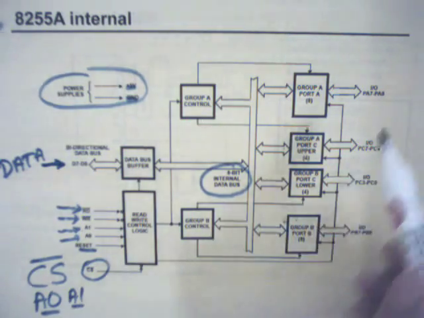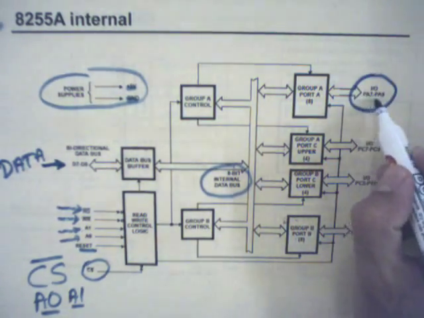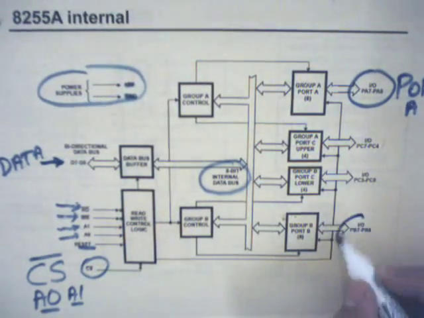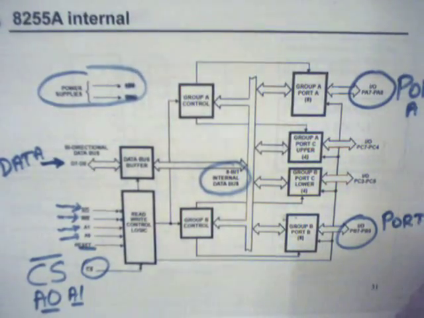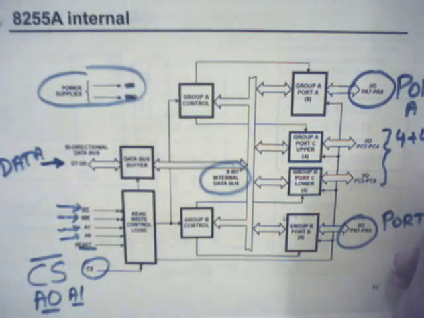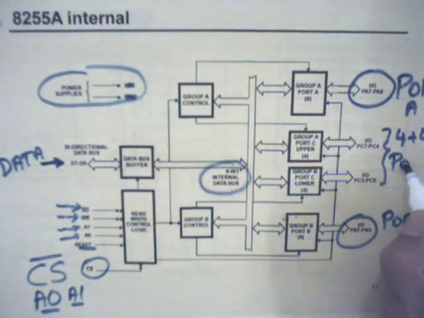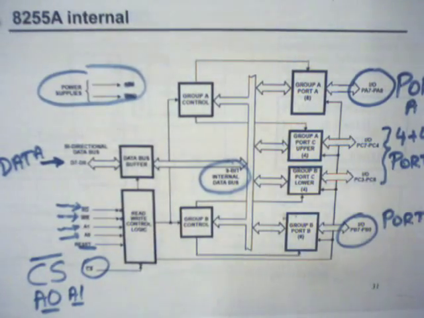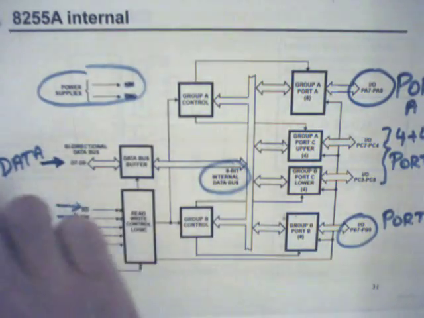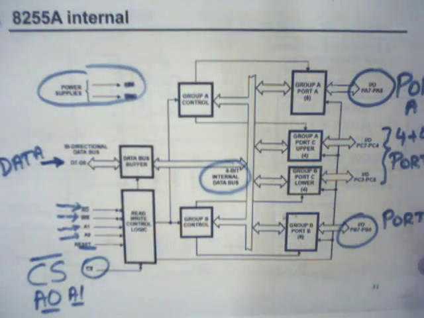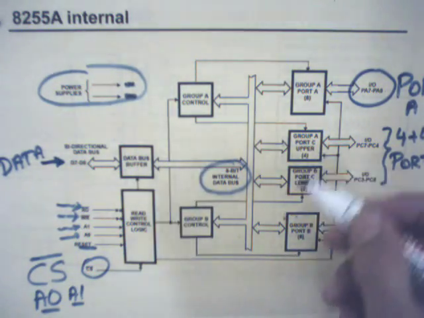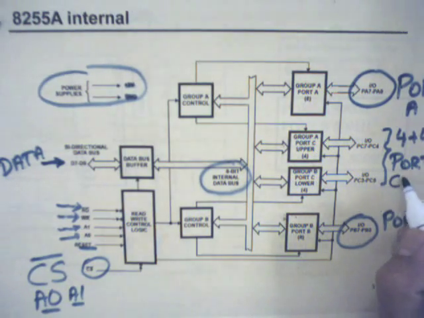It creates other ports like port A, PA7 to PA0, and port B, again 8 bits, and 4 plus 4 bits independently controlled are incorporated in port C. So this chip creates microprocessor controlled 3 ports of 8-bit width, and 1 port can also be divided as upper and lower nibble of port C, C lower, C upper.